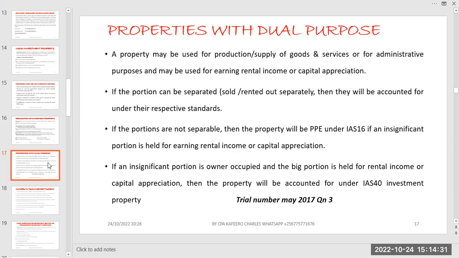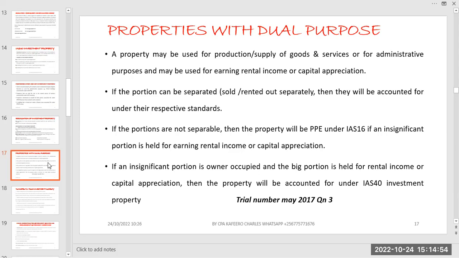That's why I said when you're talking about these non-current assets, the purpose is very, very important. We are saying that a property may be used for production or supply of goods and services, or for administrative purposes, and may be used for earning rental income or capital appreciation.